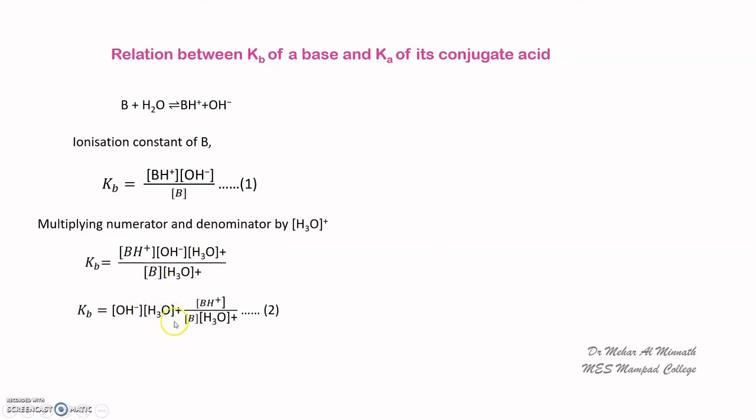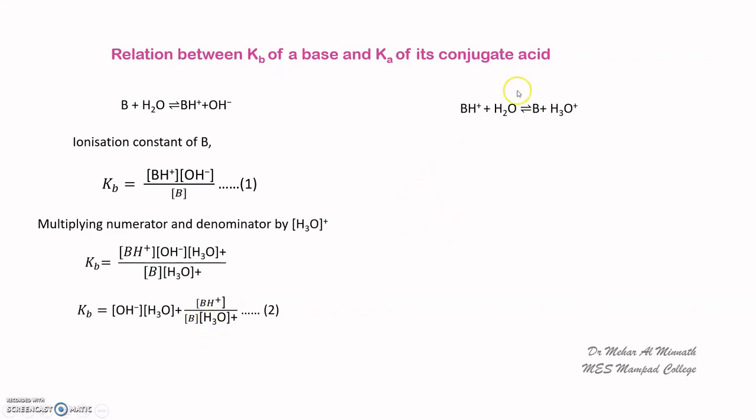You get OH- into H3O+ into BH+ by B into H3O+. Now we know that the product of hydroxyl ion and hydronium ion is nothing but the ionic product of water. Alright, so this first term will be Kw. So we can consider this as Kw into BH+ by B into H3O+.